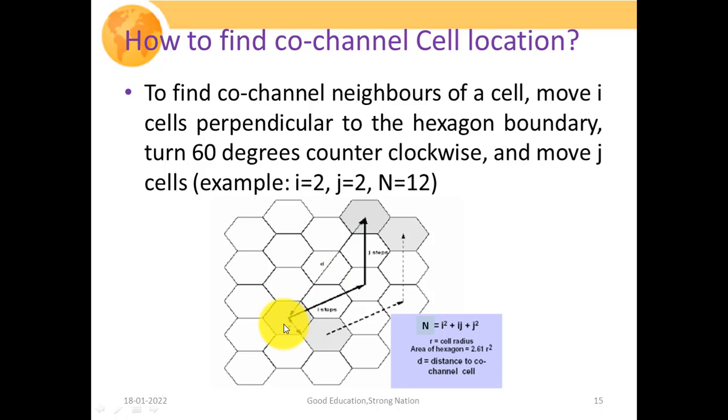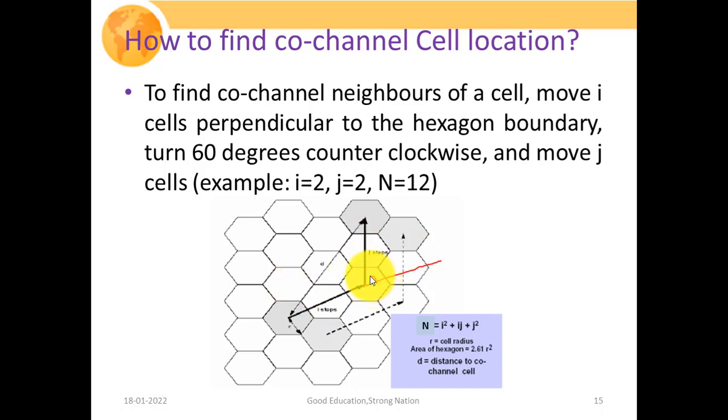As this particular example is showing, i is equal to 2 and j is equal to 2. So how are we going to locate the co-channel cell? Suppose this is your reference cell. In order to find its co-channel cell, whose values are given as i is equal to 2 and j is equal to 2, we just have to move i number of cells in your U axis, that is from here to here, 1 and 2, and then again we turn counterclockwise by 60 degrees.